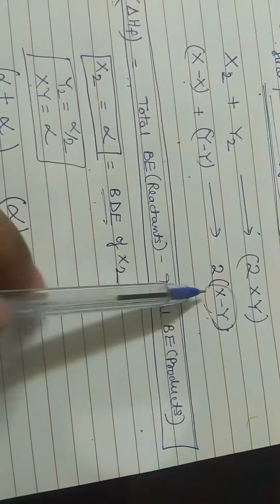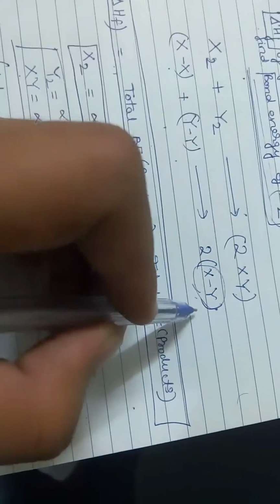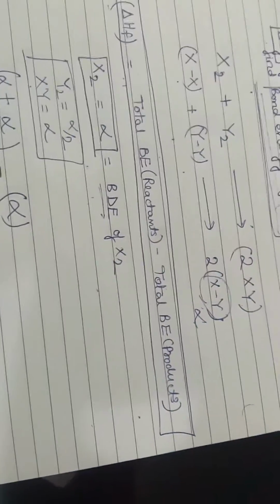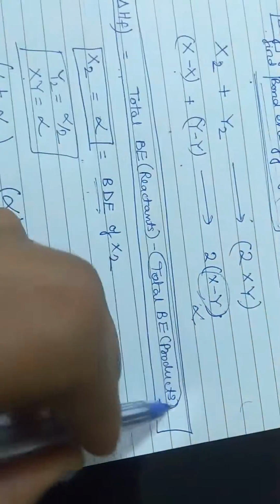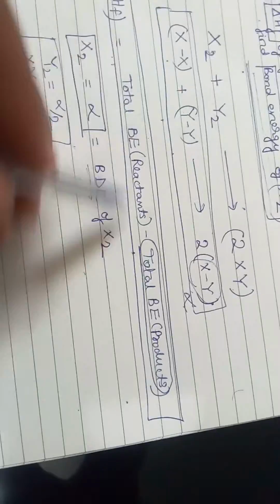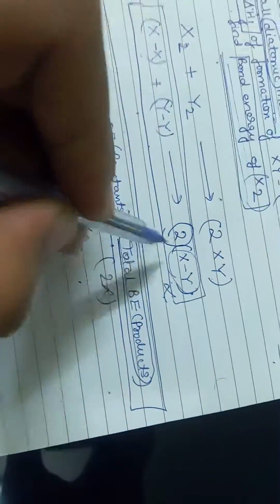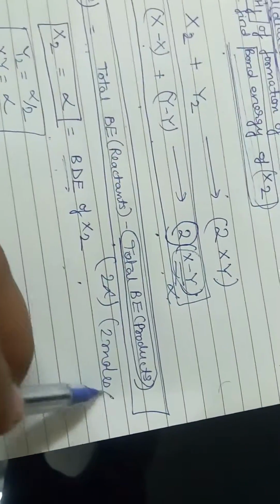If the bond energy of XY is alpha, then in this case the total bond energy of the products will be equal to 2 alpha, since in the balanced equation there are 2 moles of XY formed.